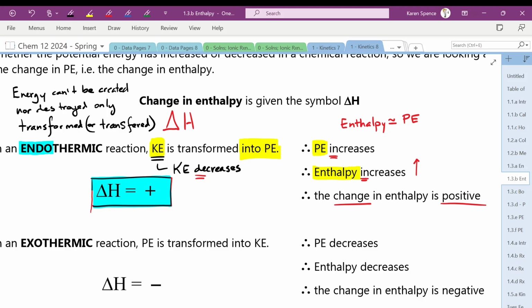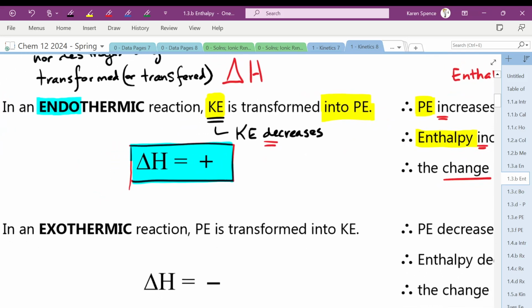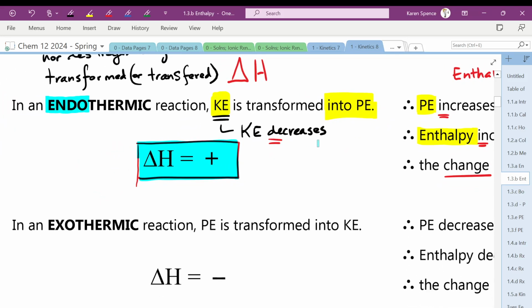Now, while we're here, the kinetic energy decreases. What does that do to temperature? Have a chat with your partner.